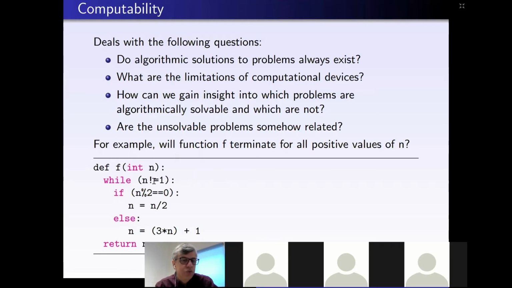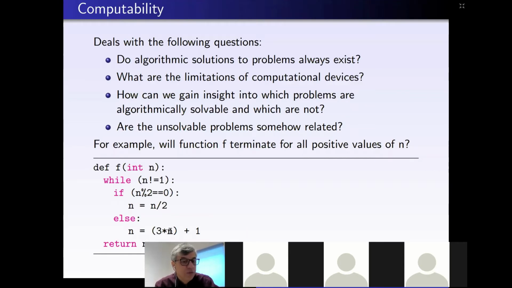If n is 2, n is not 1, okay, n is 2, make it half, 2 divided by 2 is 1, we'll jump here, n is 1, we will finish, just one go. If n is, for example, 3, n is not 1, n is not even, so 3 times 3 is 9, plus 1 is 10, back here, even, so divided by 2 is 5, back here, 5 is not even, so multiply, see, that's crazy.